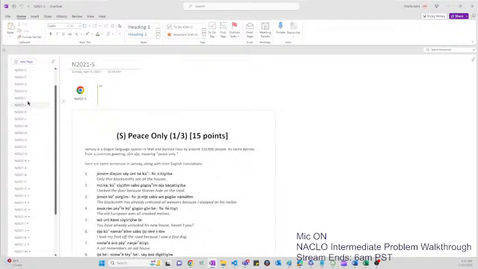They're more split up into 5, 10, and 15-point problems. So I decided instead that on this stream we were going to work on the 15-point problems. And the first problem we're going to work on is from 2022.